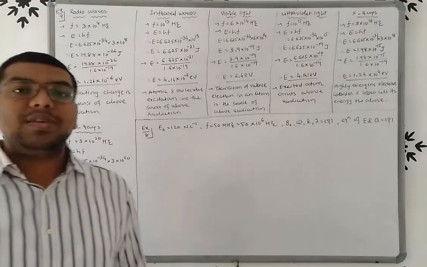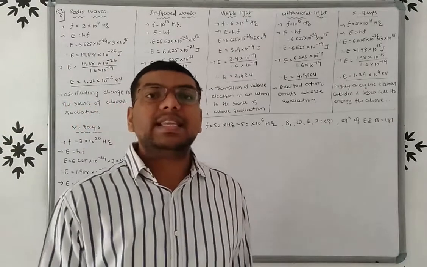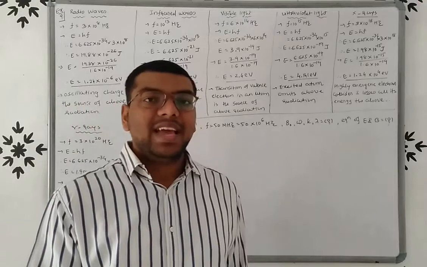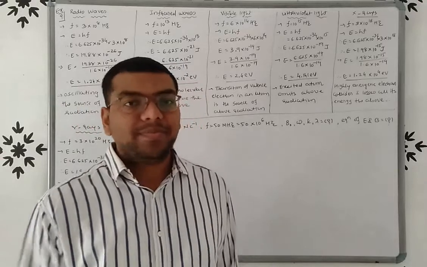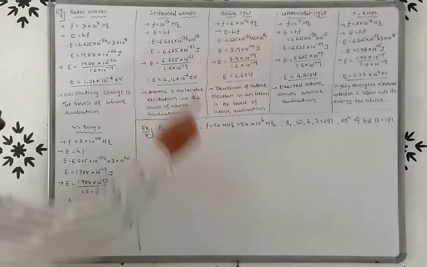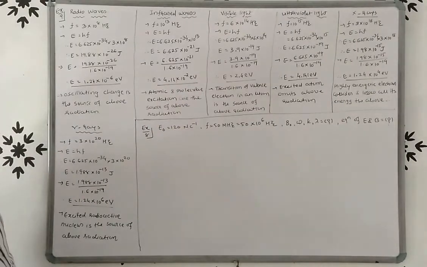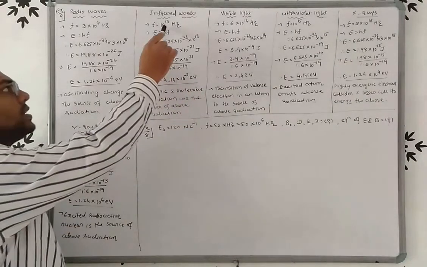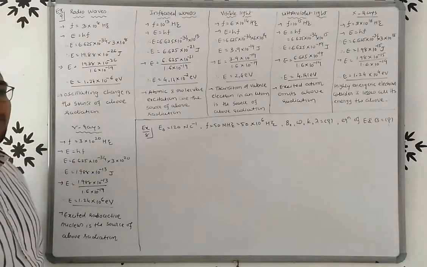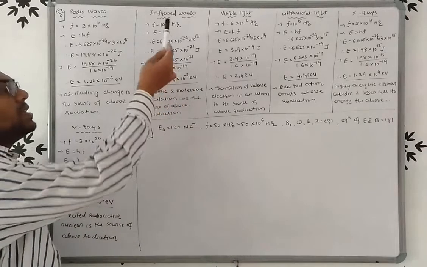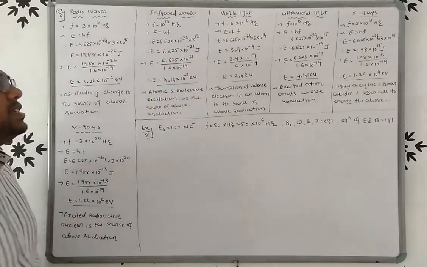If we know the value of frequency, then we can easily find out energy in joule and eV. Now see, infrared waves. The frequency of that wave is 10^13 hertz. To find out energy, once again E = hf, so we get energy in joule.